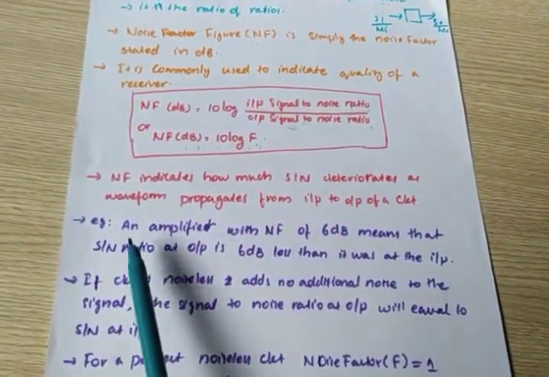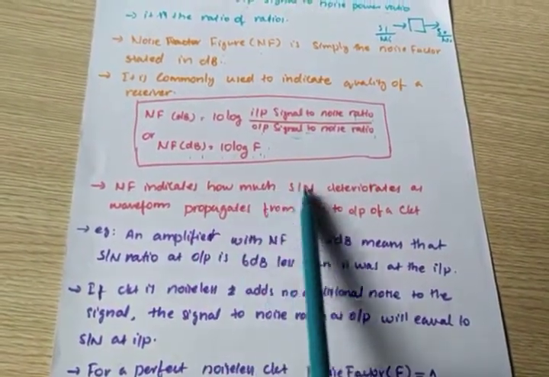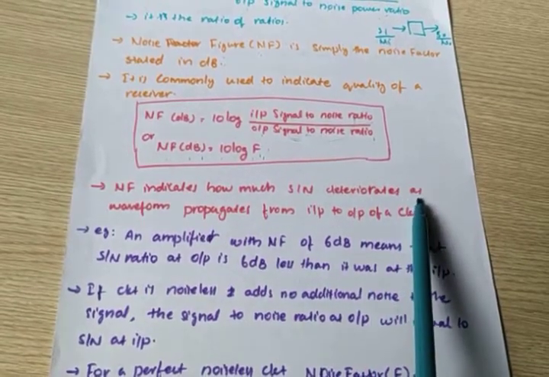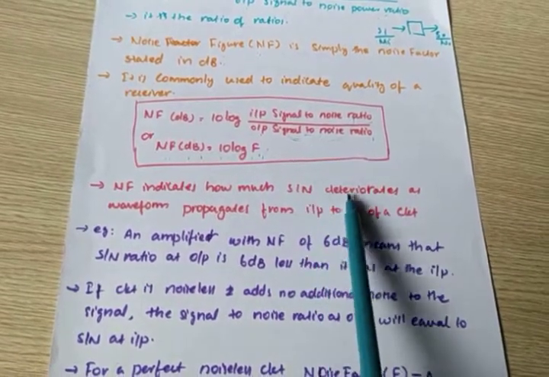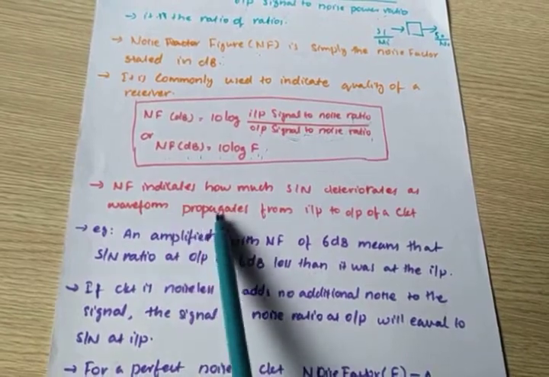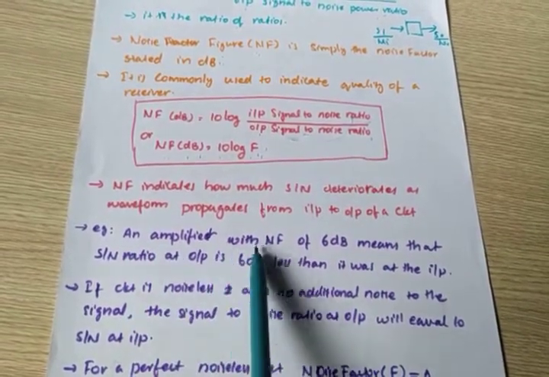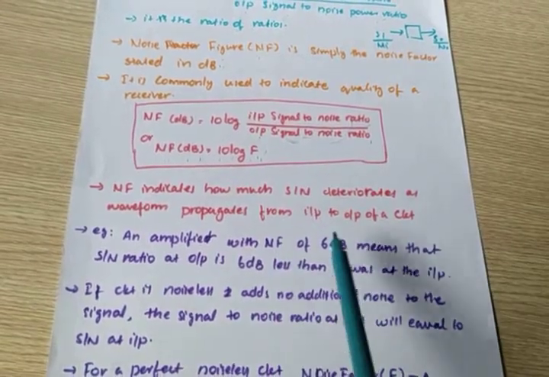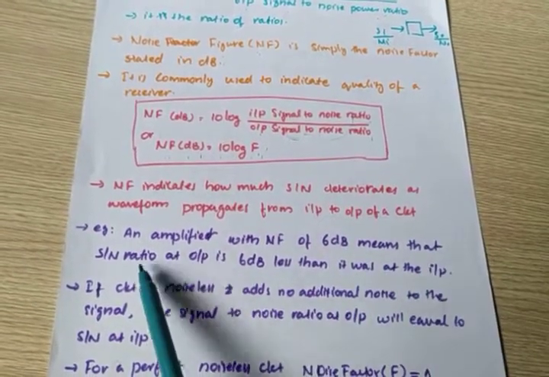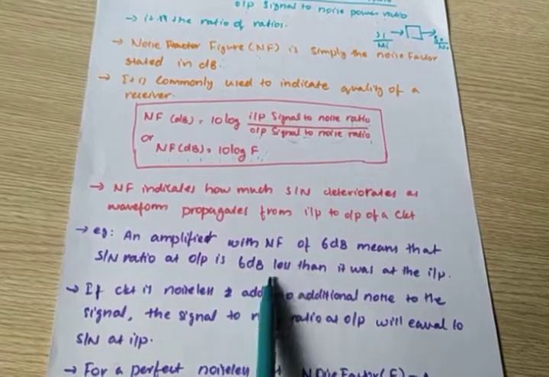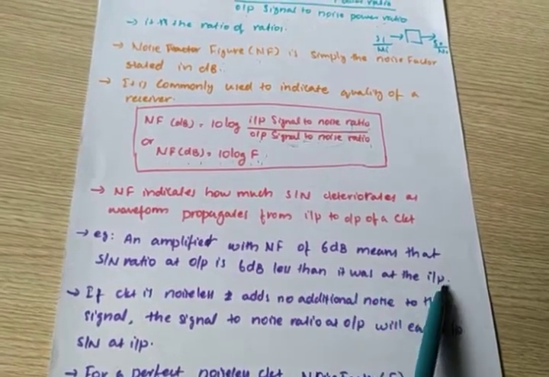So noise figure indicates how much S by N deteriorates as the waveform propagates from input to output of the circuit. Example: an amplifier with a noise figure of 6 dB means that signal to noise ratio at output is 6 dB less than what it was at input.